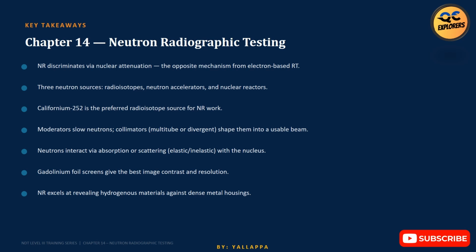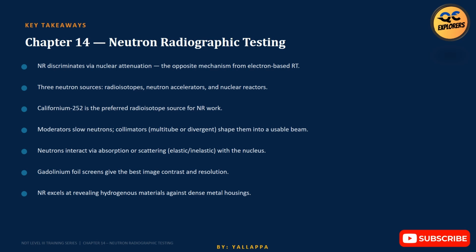Next, we explored neutron interactions with matter, including absorption and scattering, and learned how converter screens transform invisible neutron energy into images that inspectors can evaluate. Finally, we studied practical industrial applications, image interpretation, and the situations where neutron radiography offers significant advantages over conventional radiographic methods.